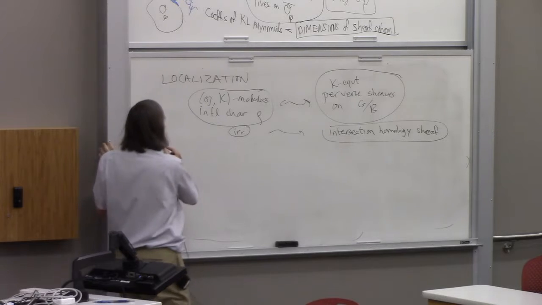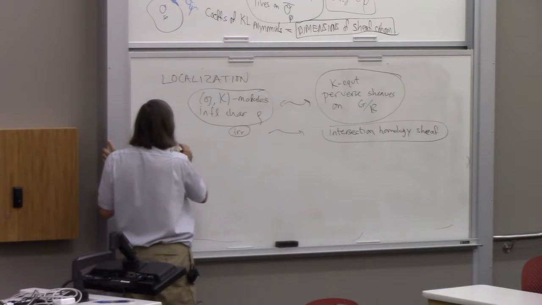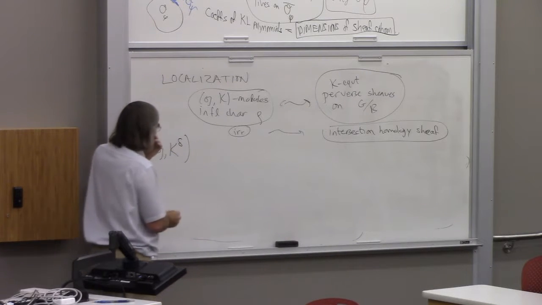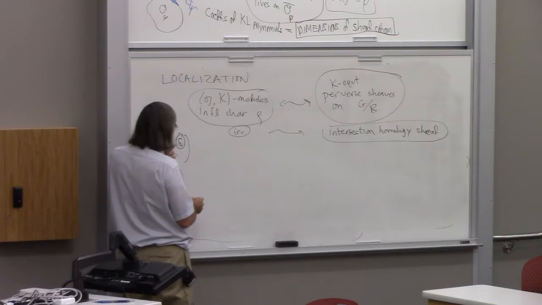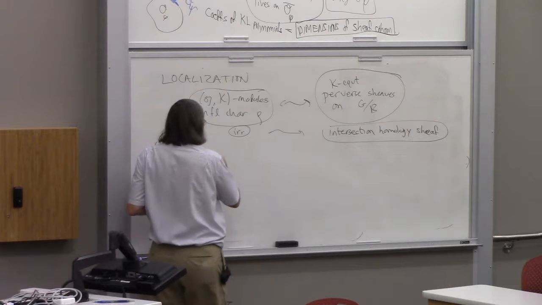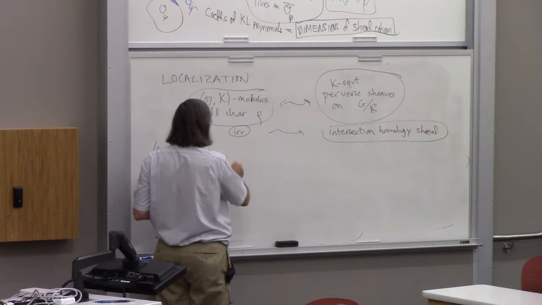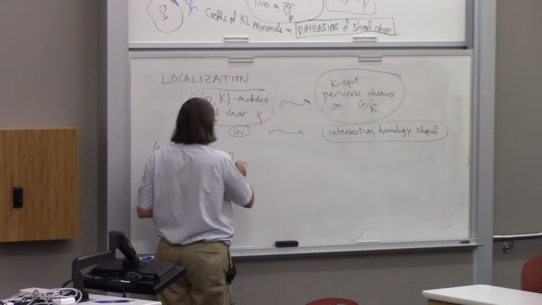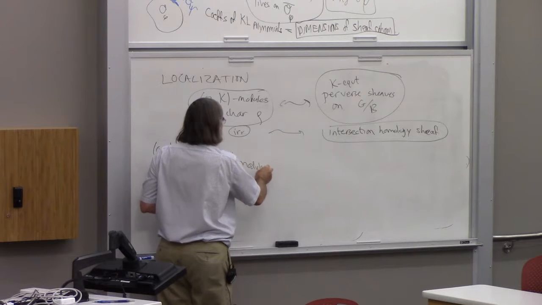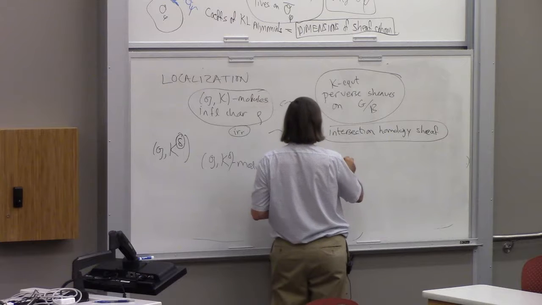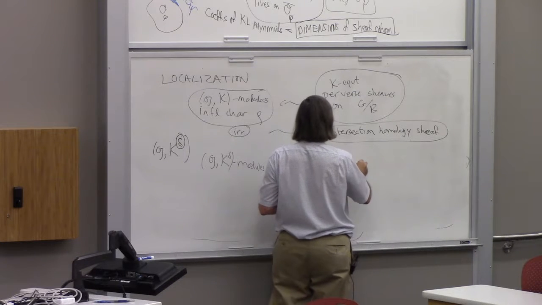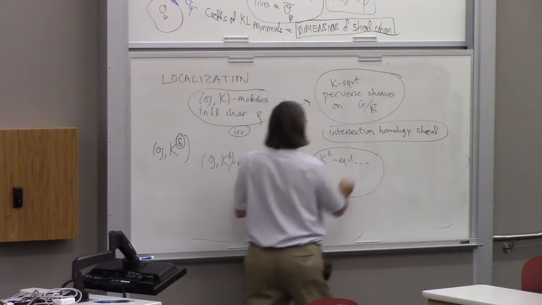Now we want to do GK delta. No, there's no problem. These GK delta modules correspond to K delta equivariant objects. The same thing.